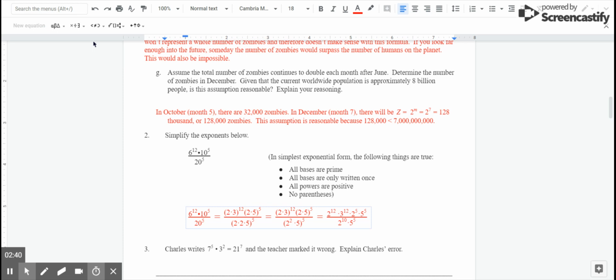All right, now that I've got my exponents all broken up over prime factors, what I need to do is take a look at my like factors. So let's look at the numerator first and then the denominator. I've got a base of 2 in the numerator with 2 to the 12th power and also 2 to the 5th power.